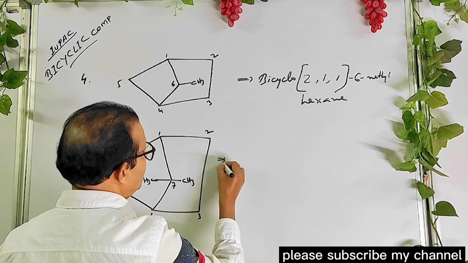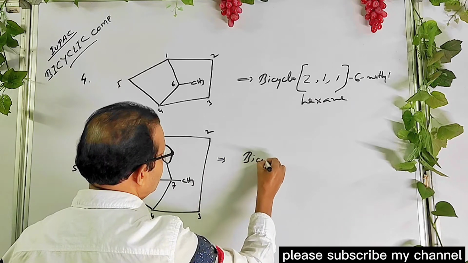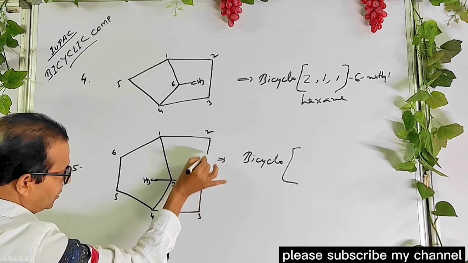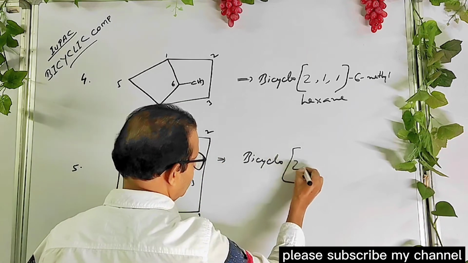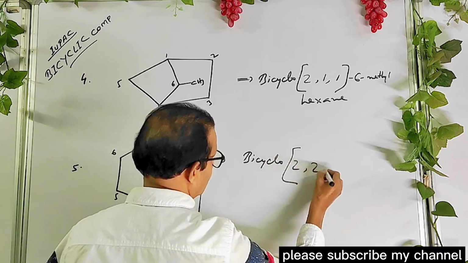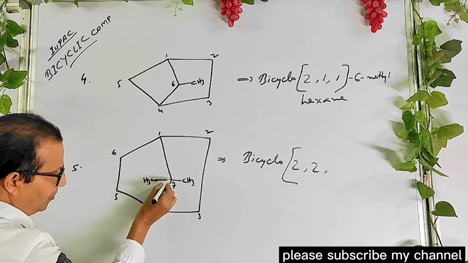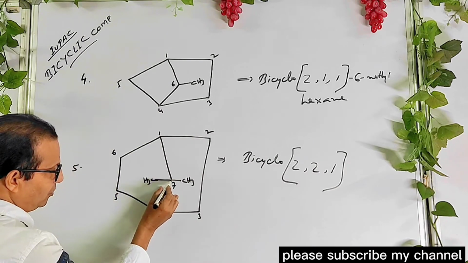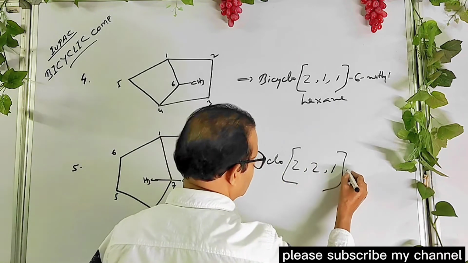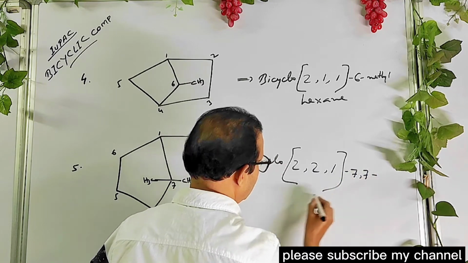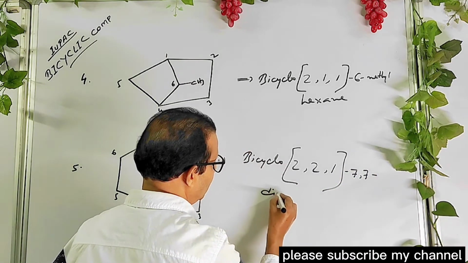So its IUPAC name is bicyclo, 2 carbon bridge, 2 carbon bridge, 1 carbon bridge, but at the 7th position there are 2 methyl groups, 7,7-dimethyl.